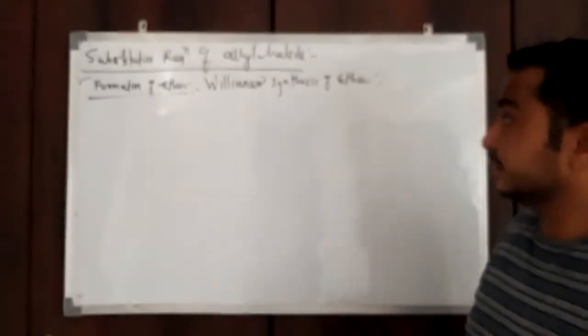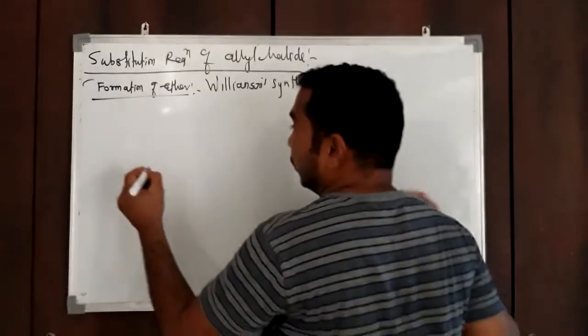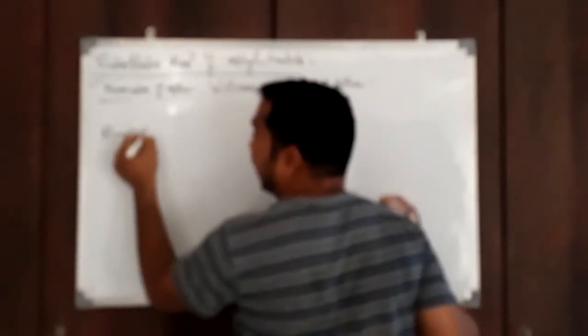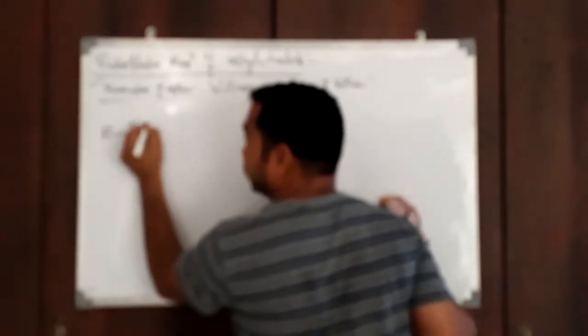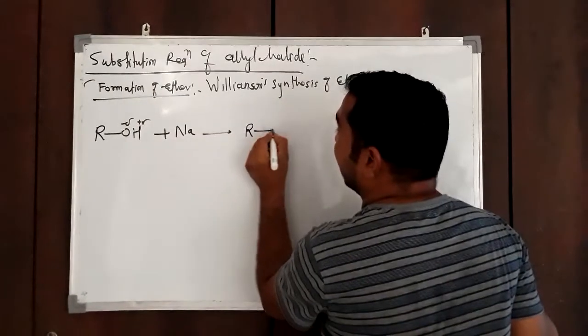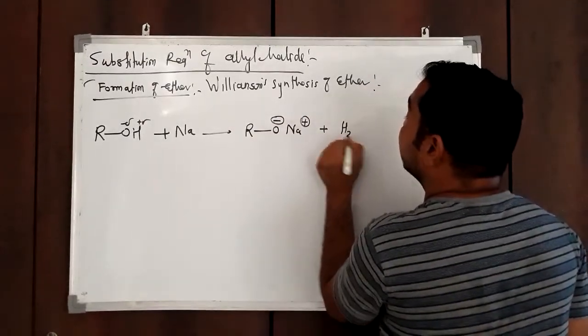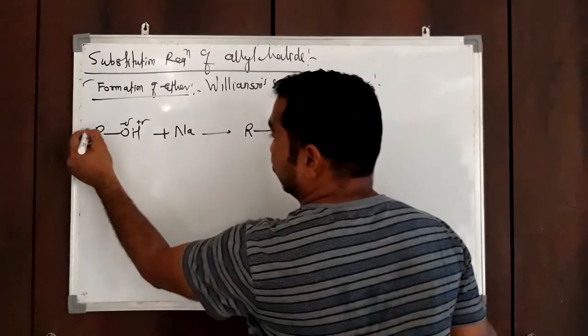Now, before studying this reaction, I want to explain some reactions of alcohol. See, alcohol we know, ROH. O is negative, H is positive. Okay, when this alcohol reacts with sodium metal, or any active metal like sodium, magnesium, aluminium, then what happens? You will get sodium alkoxide as a product, and there is liberation of hydrogen gas.